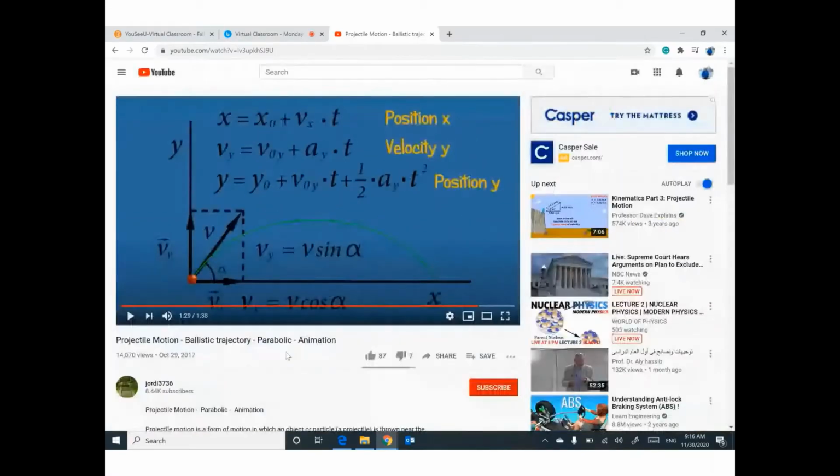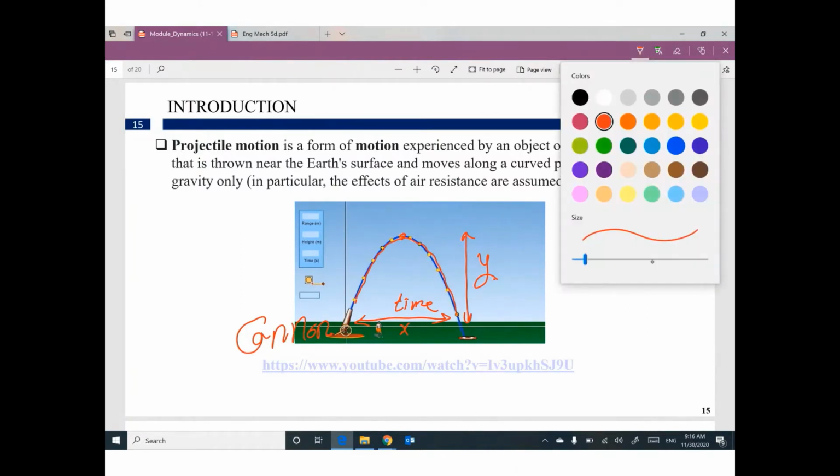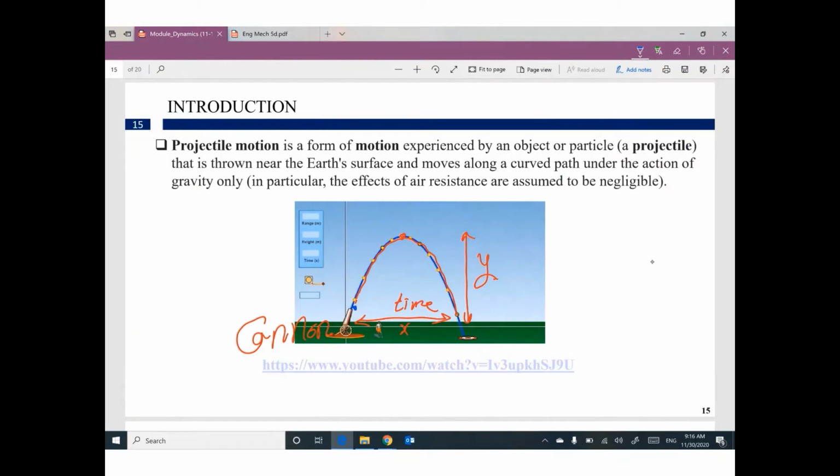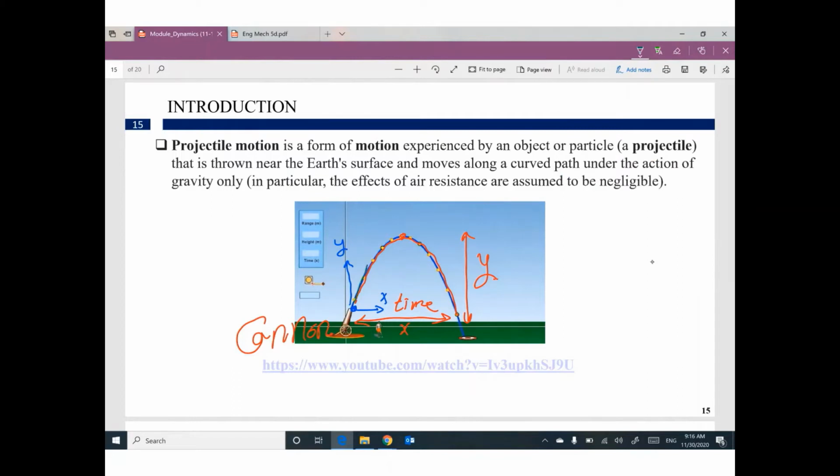Okay, so the idea in this topic, we have a cannon and we have a projectile taking a parabolic path. At the beginning of this motion, at this location, we have x-axis and y-axis. At the first time of release, we have here initial velocity v naught with inclined angle theta or alpha.